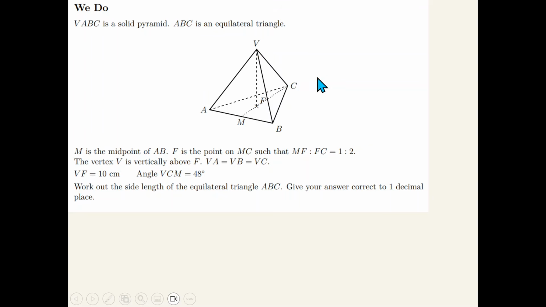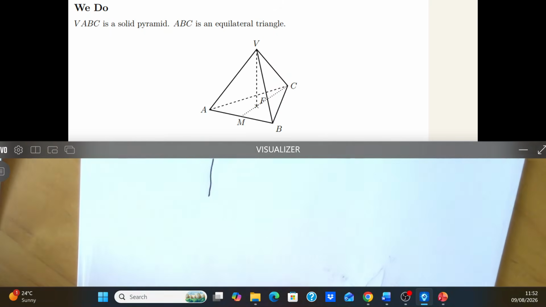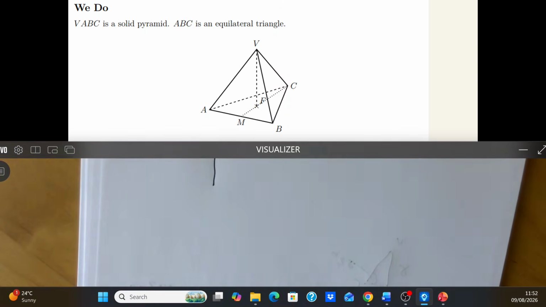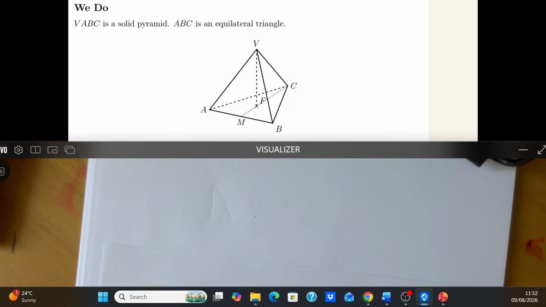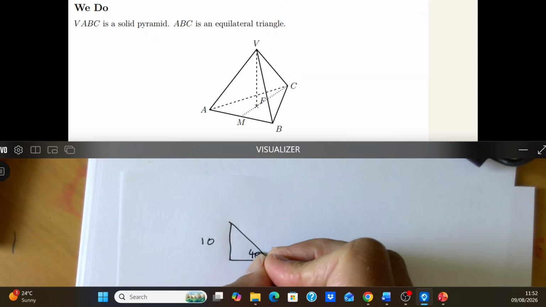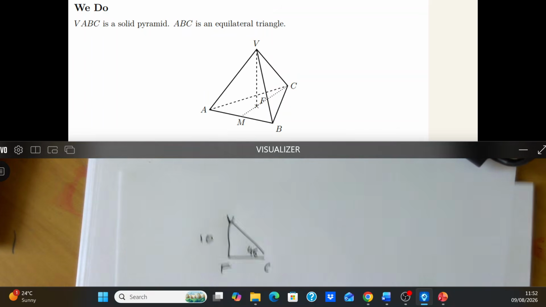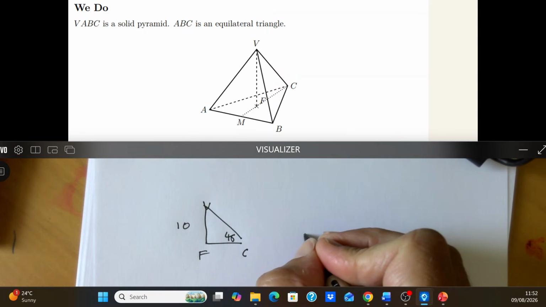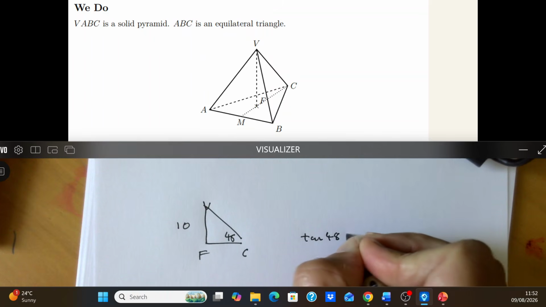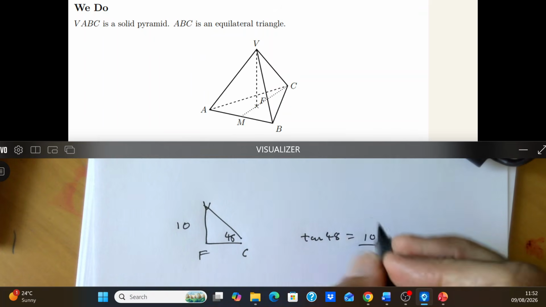So draw your triangle to work out VF. Work out VF. Sorry, FC.